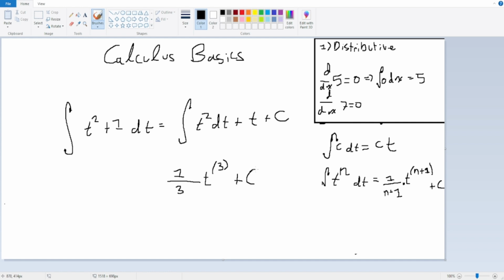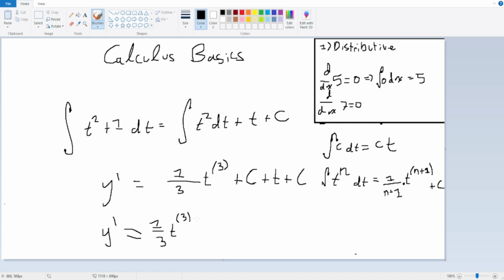So now our whole integral of t squared plus 1 is, and we can simplify this by combining our c's, because any amount of c's multiplied together is just c. You could have 5 times c and it's still c, because you don't know what constant you started with.